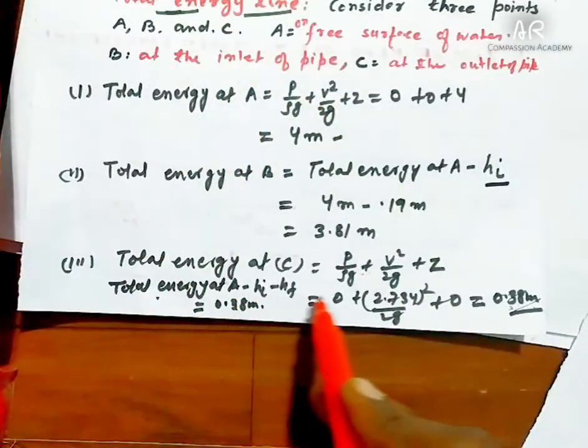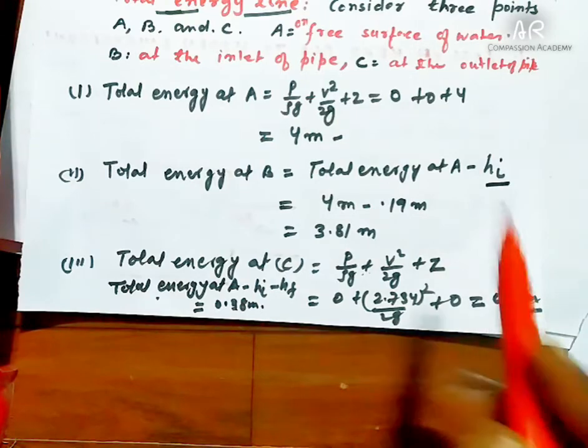Here we can see the total energy at C is 0.38.